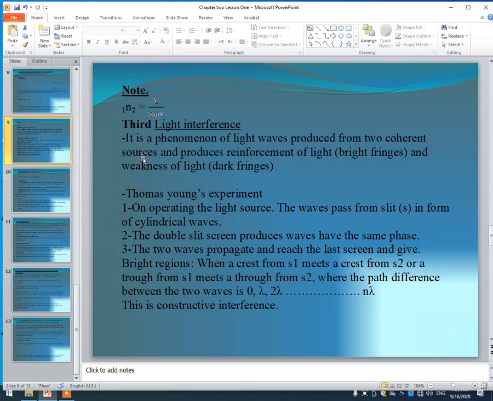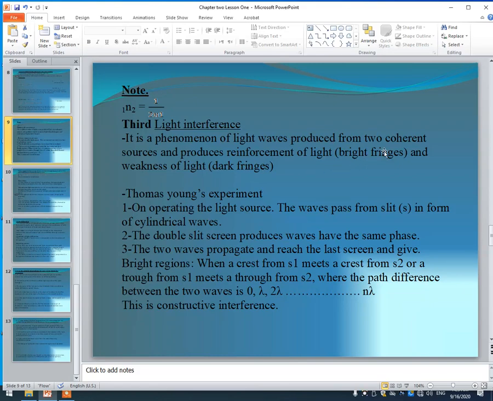What is the meaning of coherent sources? Coherent sources means these two sources have the same phase and the same frequency. The interference between these two waves will produce bright areas and dark areas.